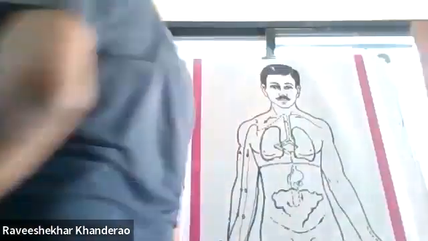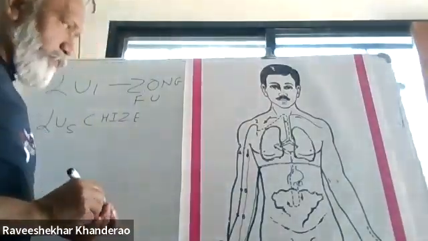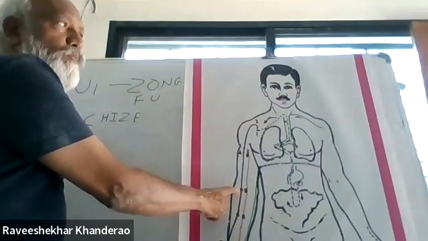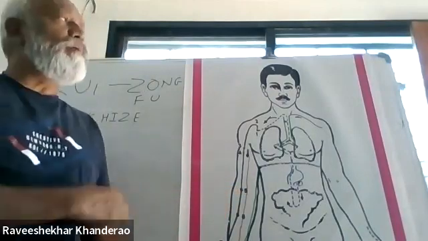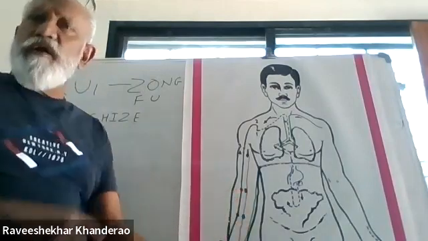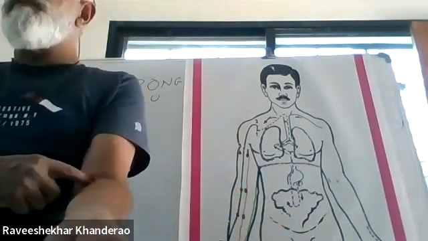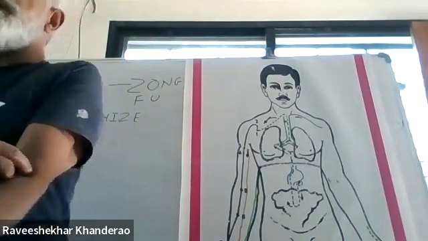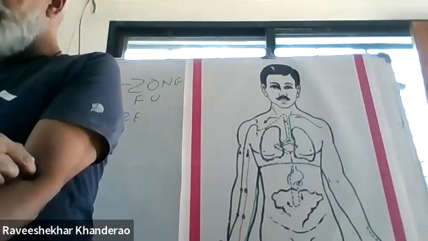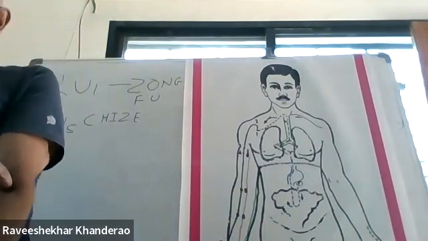At the level of the elbow, on the lateral side, at the side of the tendon. See, there is a tendon, just feel it. Adjacent to the tendon, the lung 5 point is.